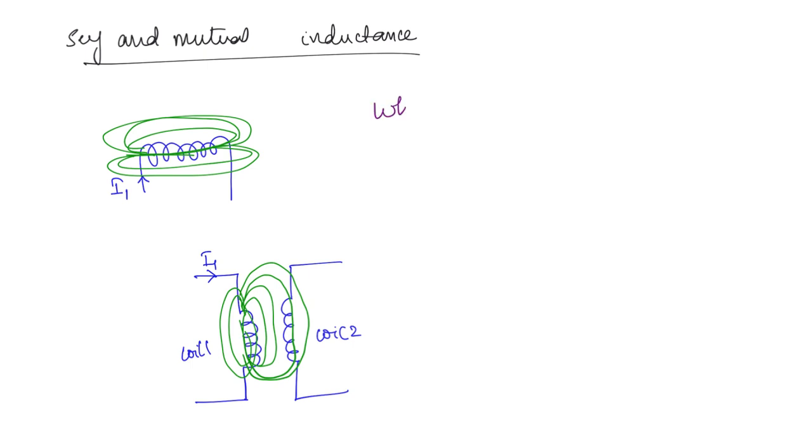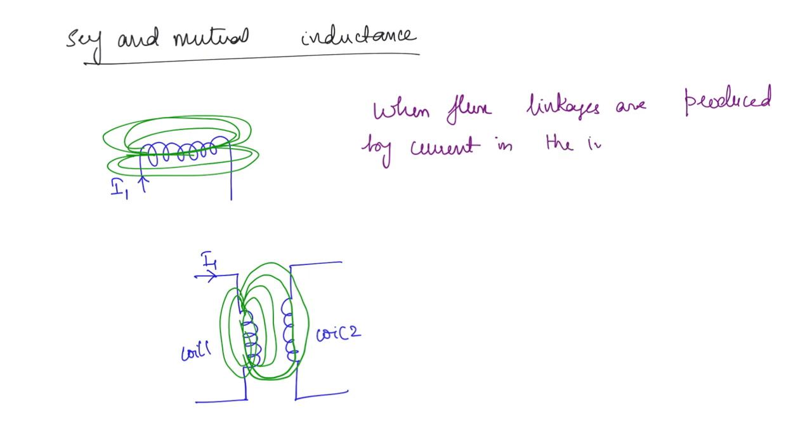So here you can write down, when flux linkages are produced by current in the inductor itself, then the associated inductance is self inductance.